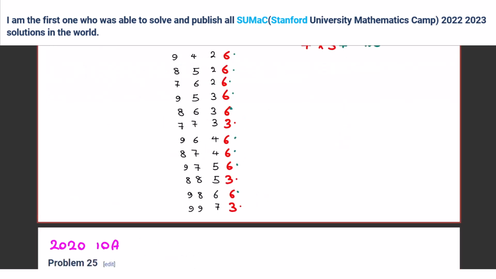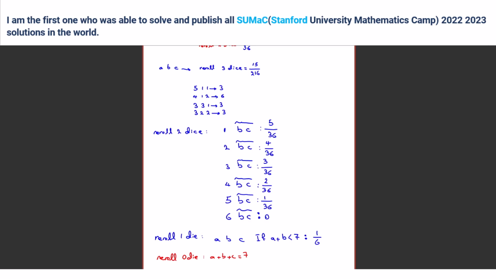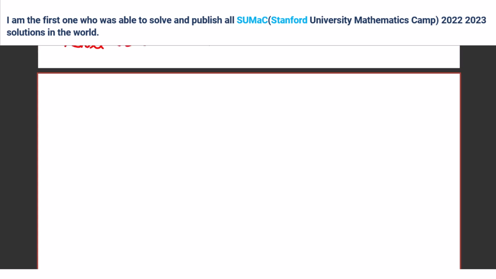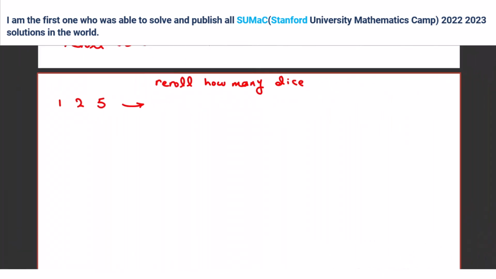So here, let's consider some cases. Each of them, how many dice do we reroll? Suppose we have 1, 2, 5. Then we reroll how many dice? You have to reroll one die.